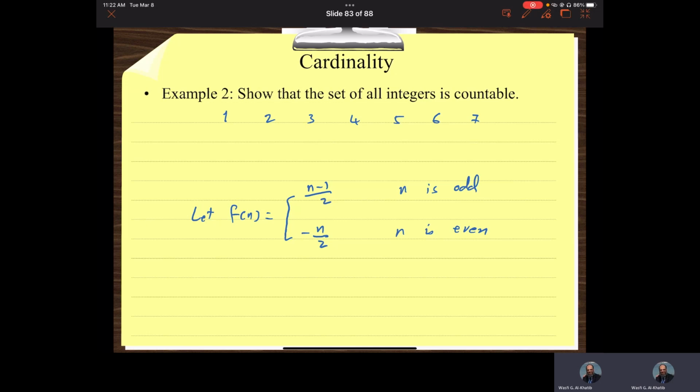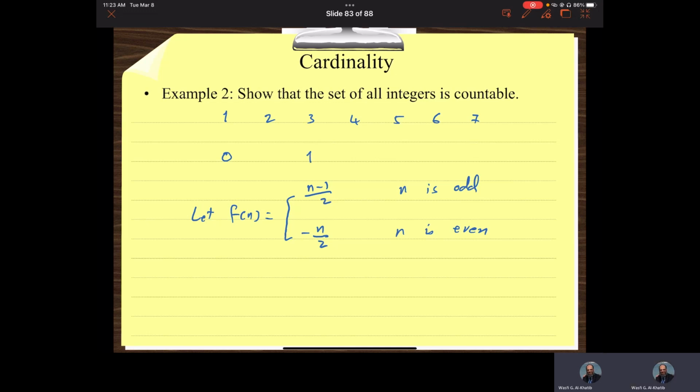Okay. So let's see what this function does. This function f of n equals n minus 1 over 2 applies to numbers like 1, 3, 5, 7. So what is f of 1? f of 1 is 0, right? Well, f of 3 is 1.